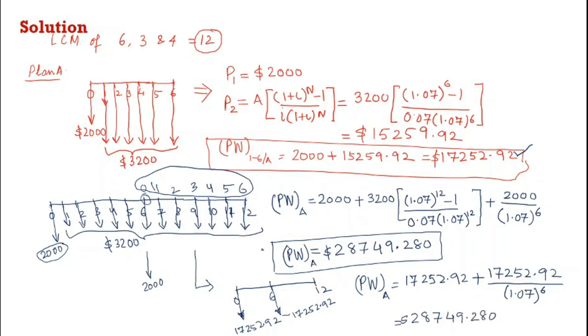So instead of drawing the diagram for the full 12 years, I have drawn it using the repeatability assumption, and you see the present worth in both cases is coming out to be the same. Fine, so this is the present worth of plan A when we are extending the useful life of this plan up to 12 years. Now let's see plan B.